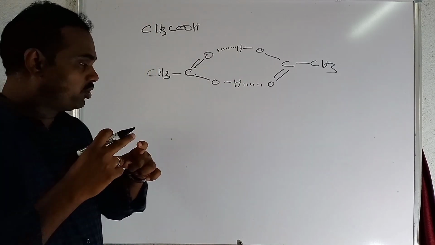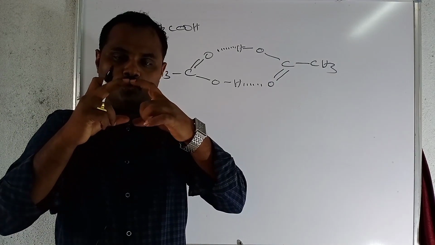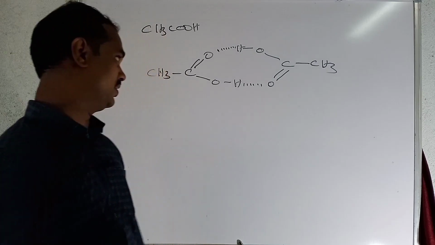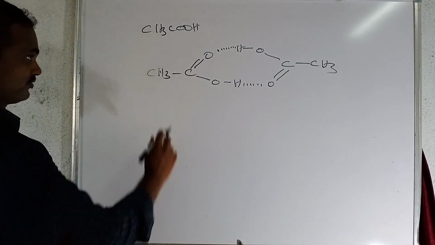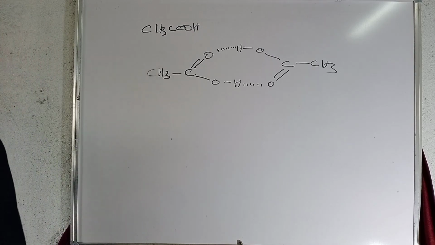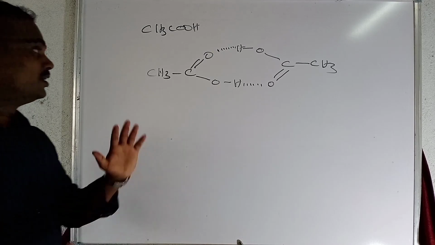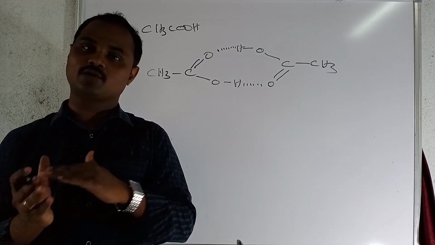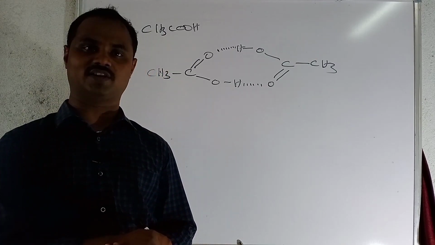Due to this intermolecular hydrogen bond, two molecules combine and exist as a single molecule. Is it clear? So this is what we call dimerization. In the dimerization case, the abnormal molecular mass value increases. In the dimerization case, n molecules become n by 2 molecules.